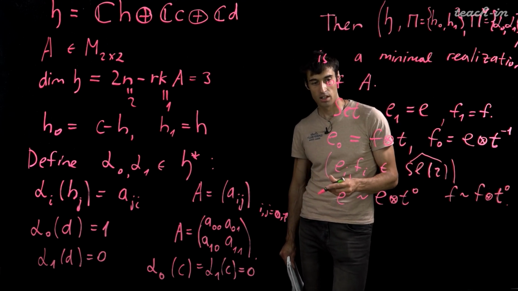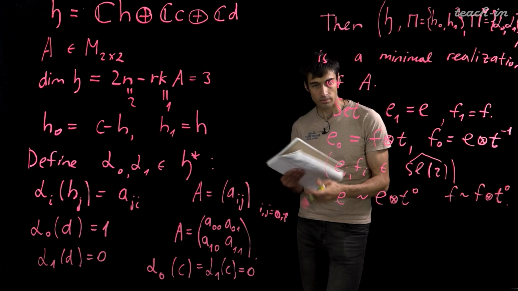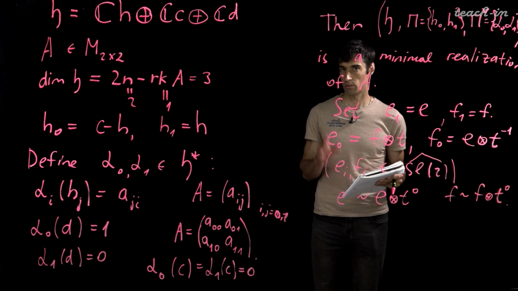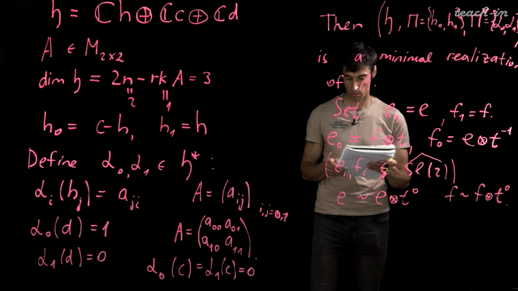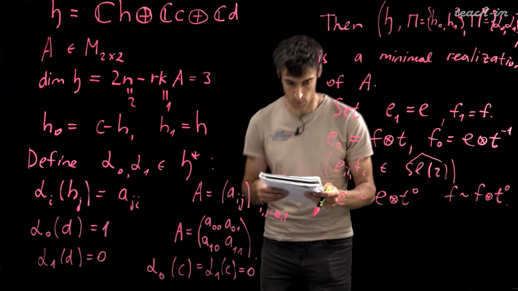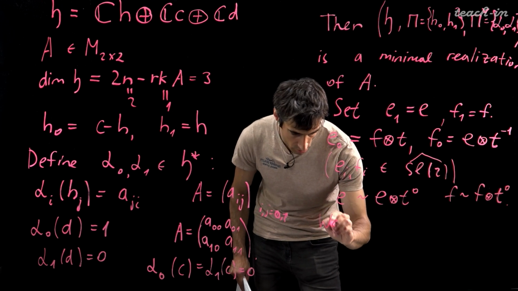Now let us make a plan for how we use them to prove the isomorphism that we want to prove. So we need to check the following.